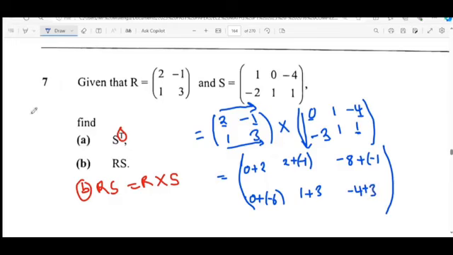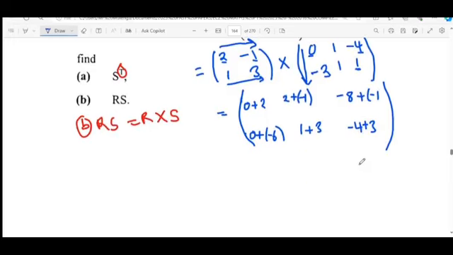From there, it's just a matter of adding the values. Therefore RS: 0 plus 2 gives 2. 2 plus -1 gives 1. -8 plus -1 gives -9.